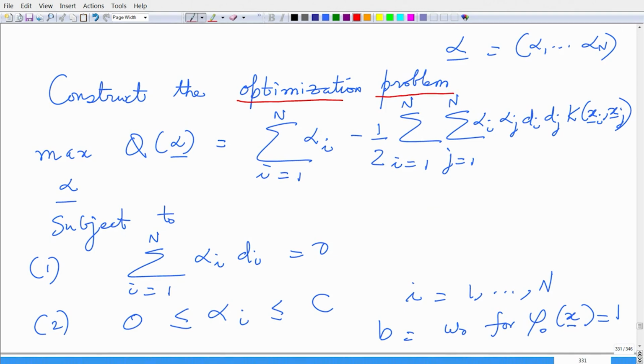We would like to maximize this function Q of alpha, where alpha is this vector comprising of the Lagrange multipliers alpha 1, alpha 2, and so on till alpha subscript n. We want to maximize Q of alpha with respect to alpha subject to certain conditions.